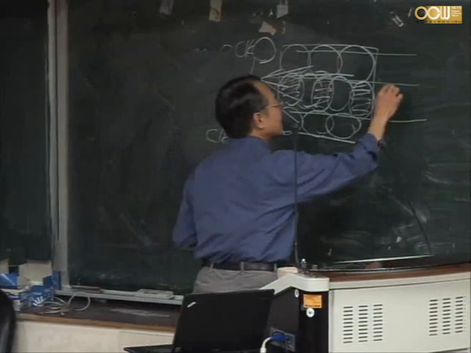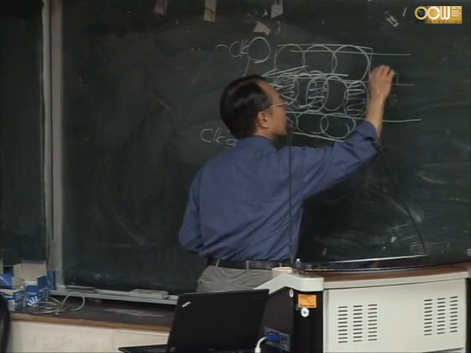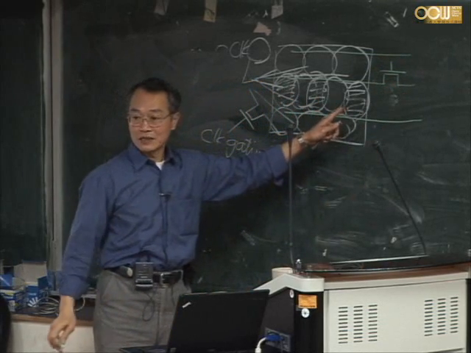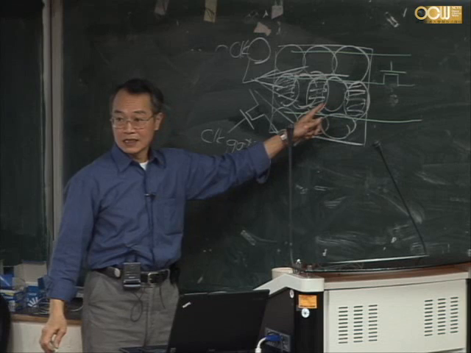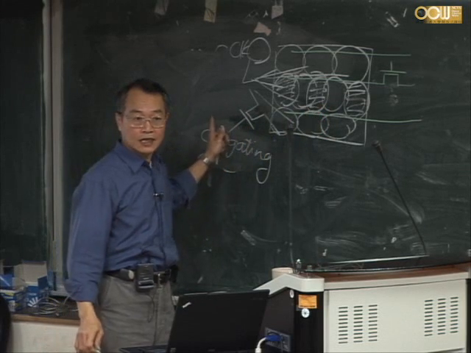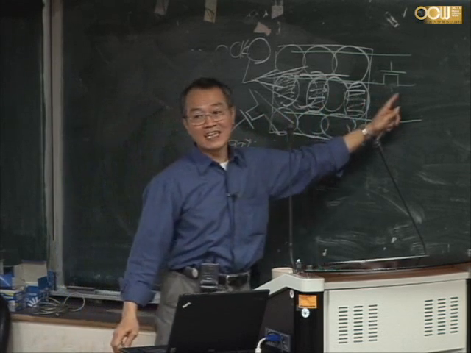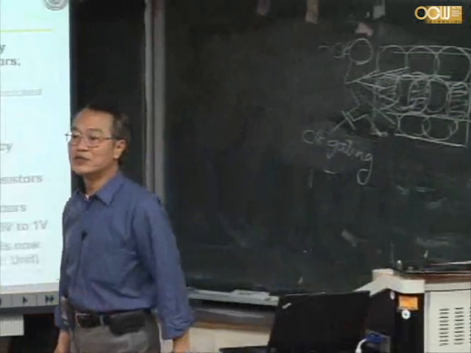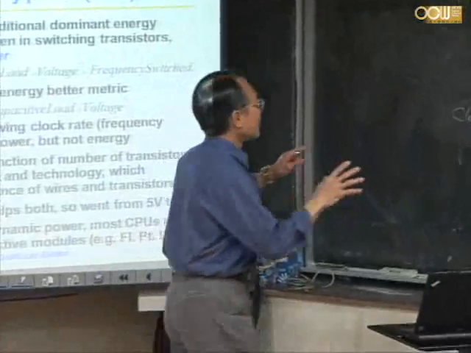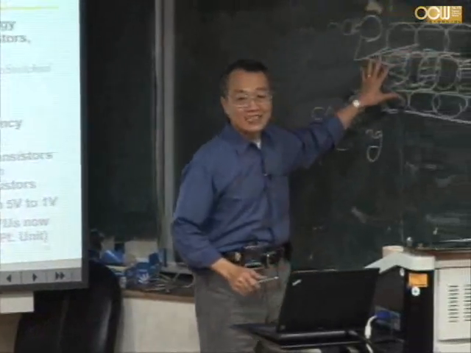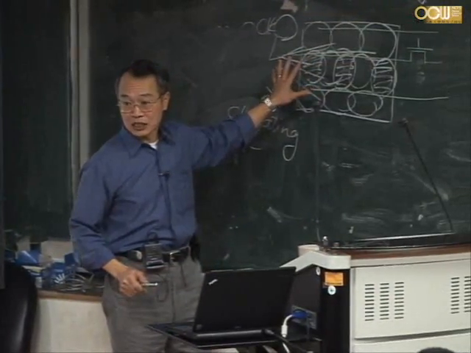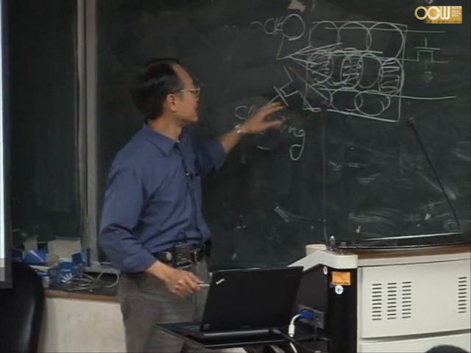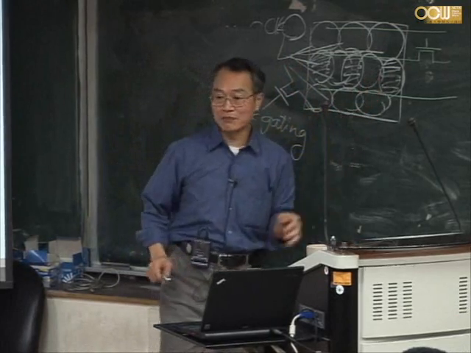We may even gate the voltage to those components that we don't need. Okay, so that's called clock gating or voltage gating to save power. That's one of the reasons why we want to design the circuit in a modularized fashion, so that it's easier for us to gate the clock or gate the voltage supply.